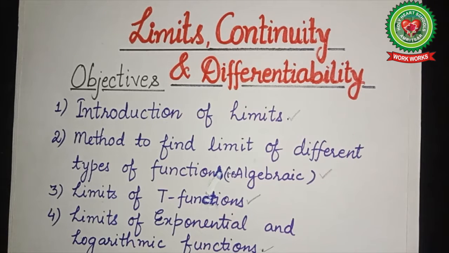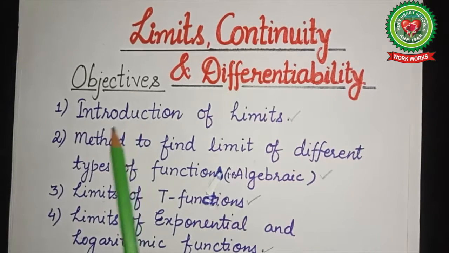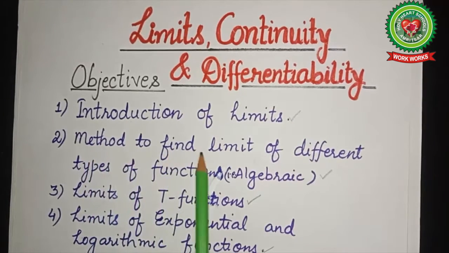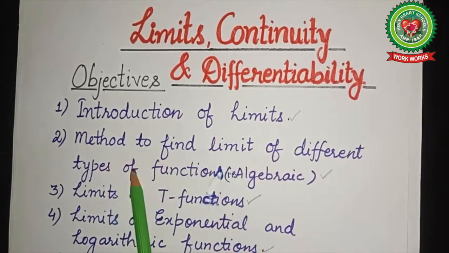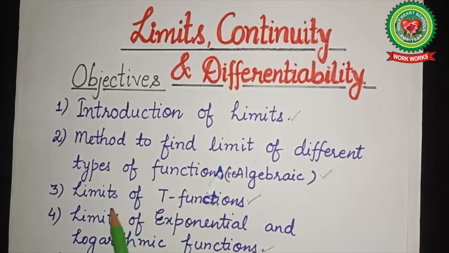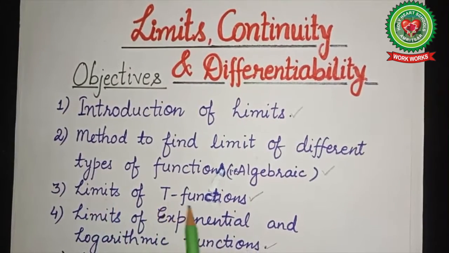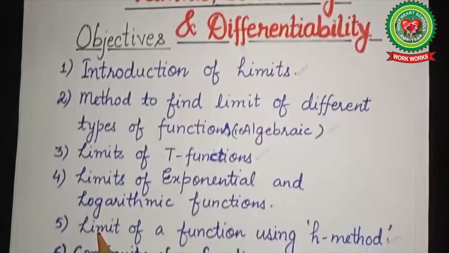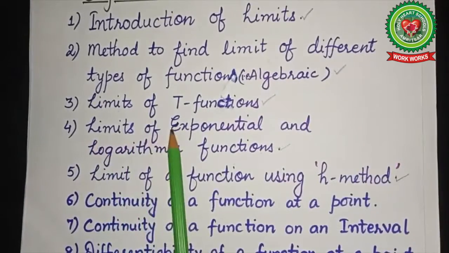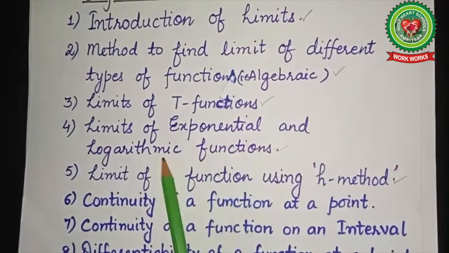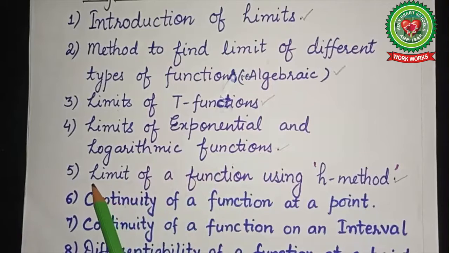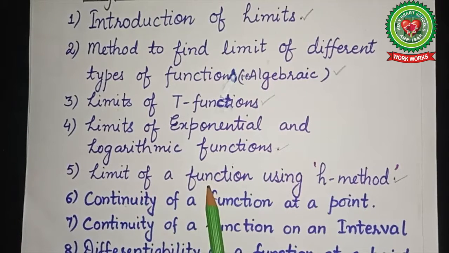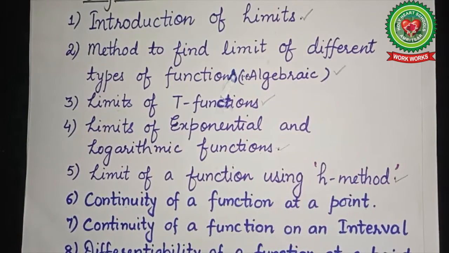Students, we have started the topic limits and we have completed all its objectives: introduction of limits, second, methods to find the limit of different types of algebraic functions, third, limits of trigonometric functions, fourth, limits of exponential and logarithmic functions, fifth, limit of a function using the h method.